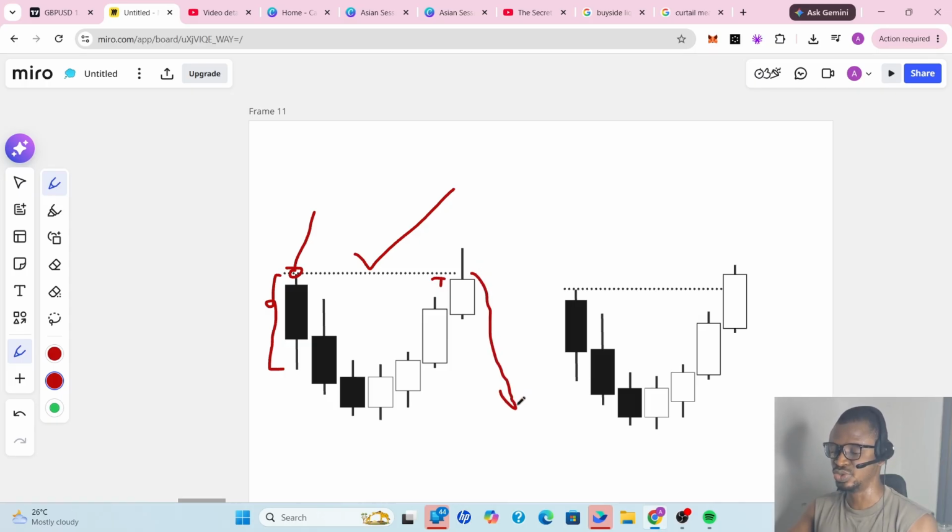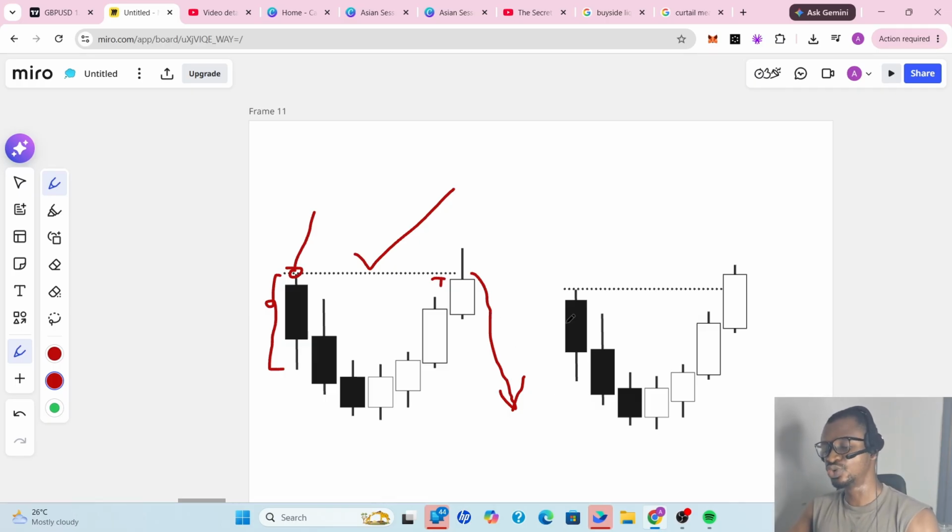The moment you spot your confirmation candle, it could be a spinning top, an inverted hammer, any type of hammer, any type of confirmation candle that you love to use, after a valid liquidity sweep, you can just jump into the market and trade it.